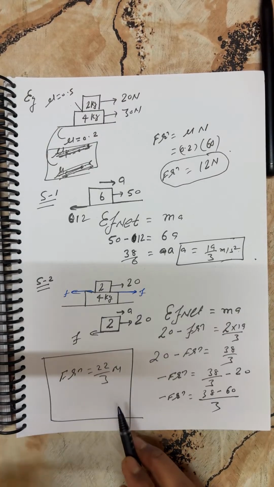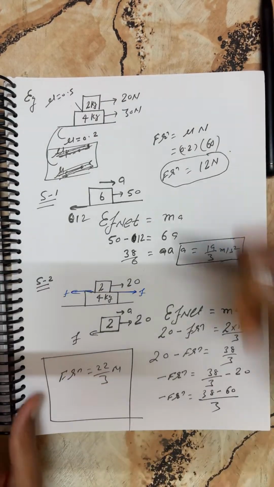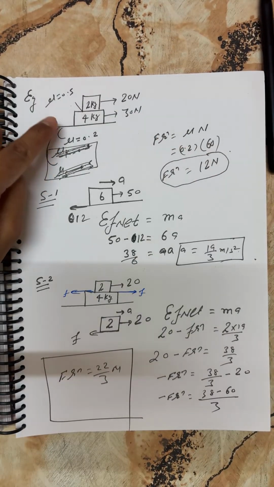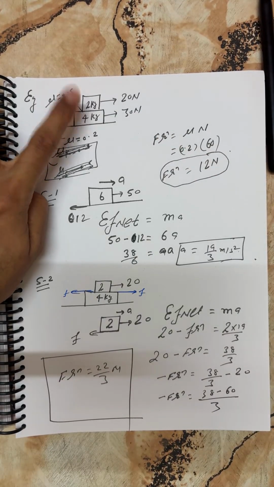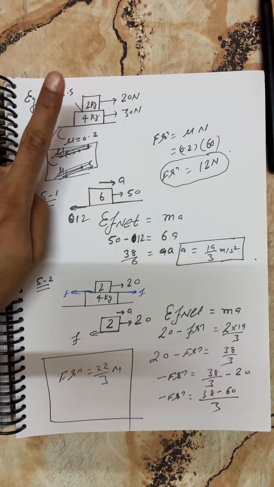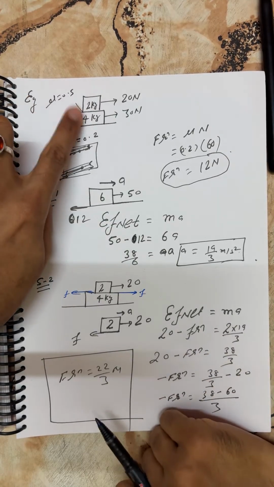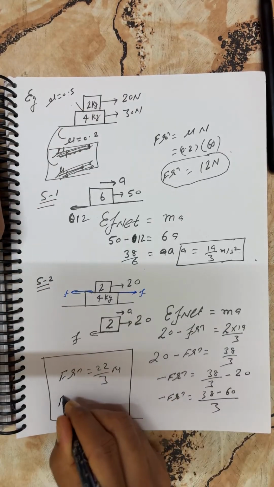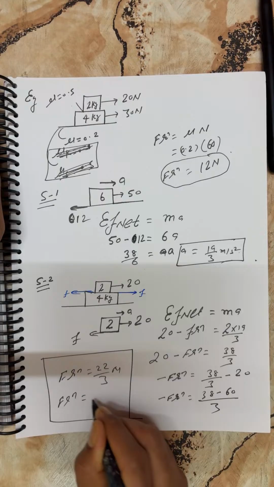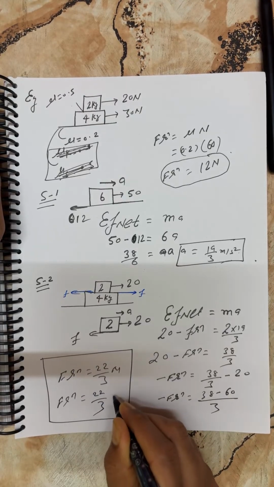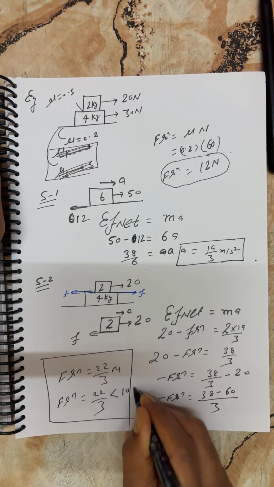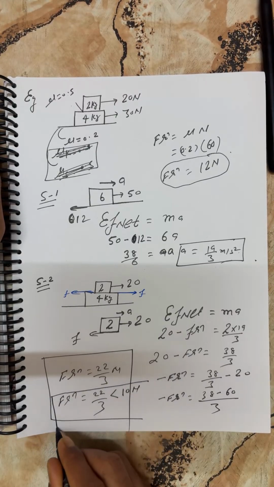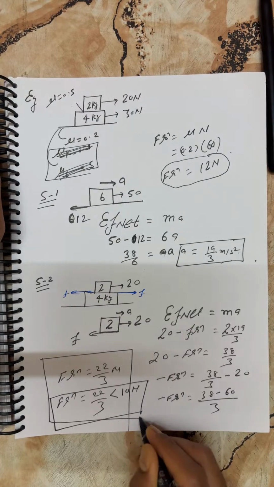This friction we found in between these two blocks, 2 kilogram and 4 kilogram. And what is the actual friction value over here? This is 10 Newton. And 22 by 3 Newton is less than 10 Newton. Means what you considered, your assumption, is correct.